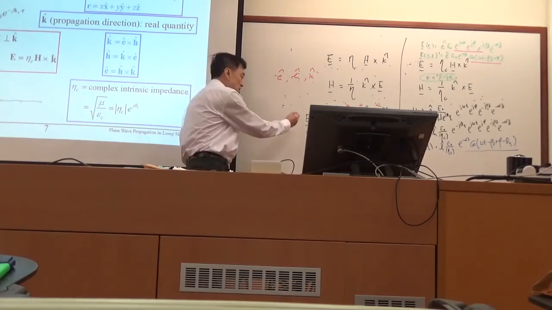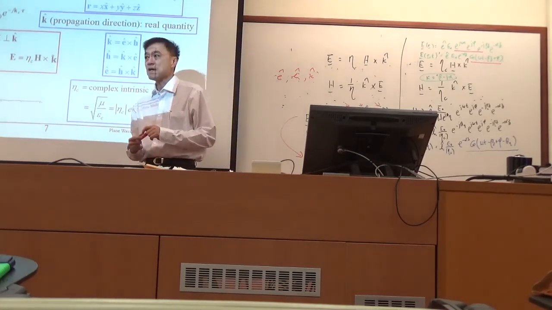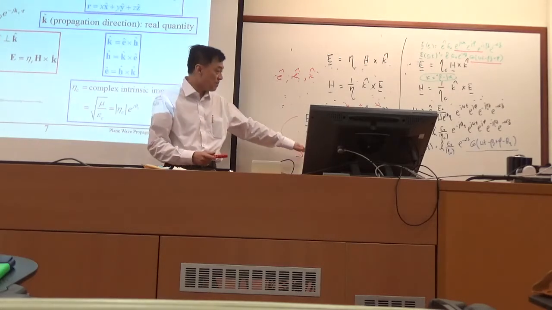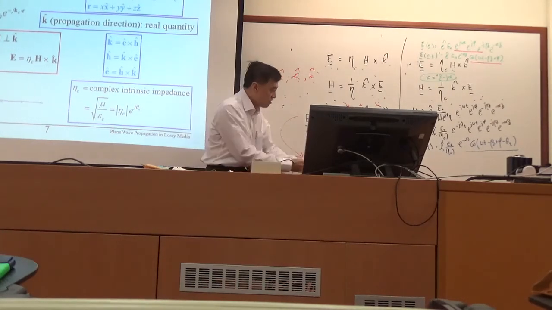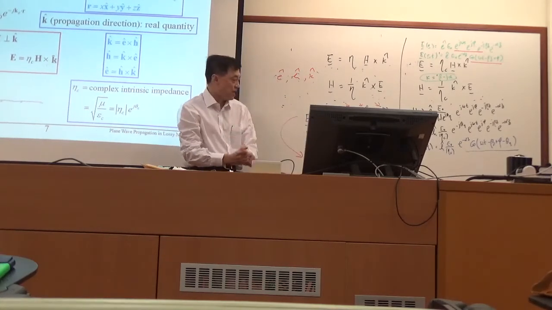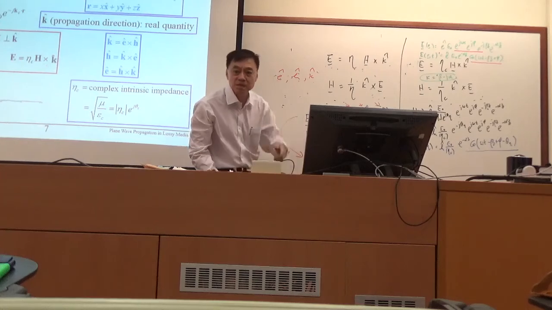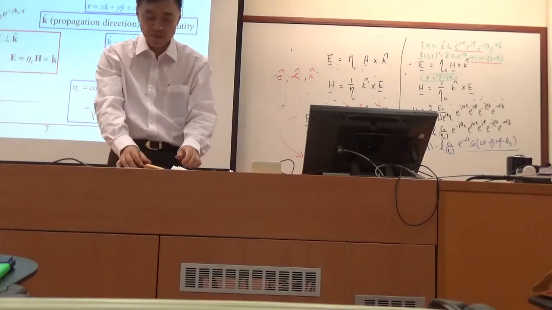So from here to here, just simply divide by zeta. When converted back, these all have j, and all the terms that have j you put inside the cosine term: cosine of omega t minus beta z plus phi. Alright?